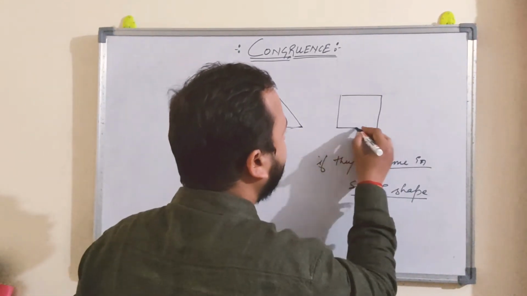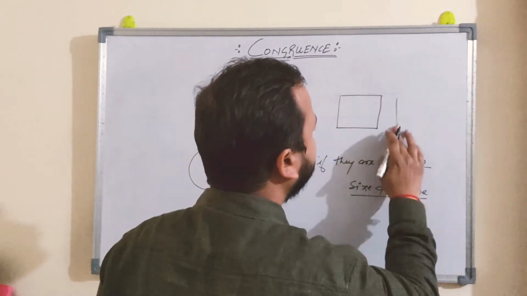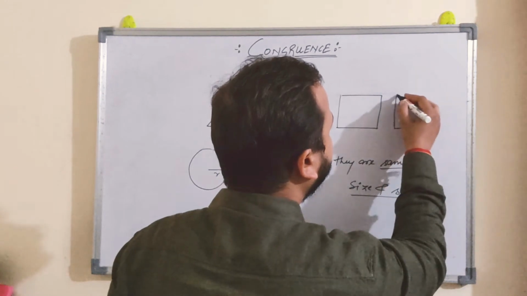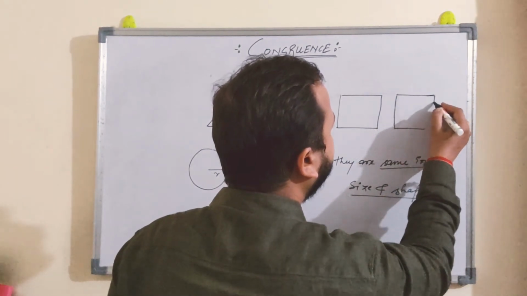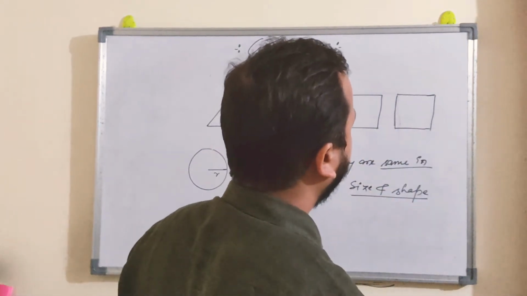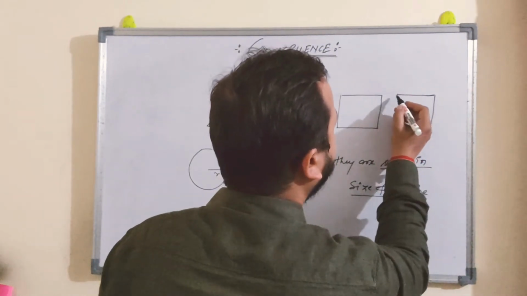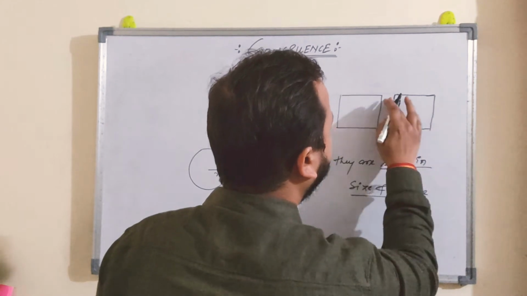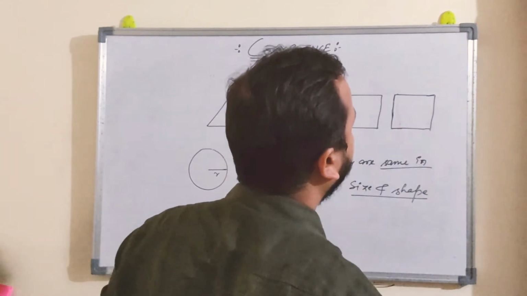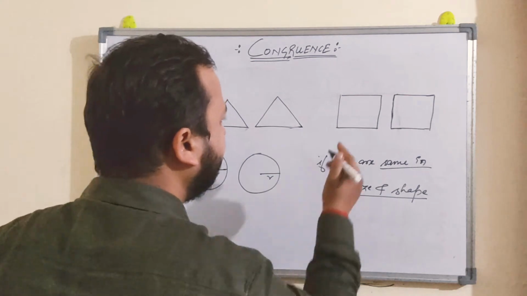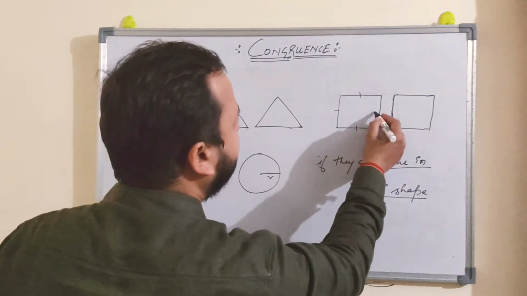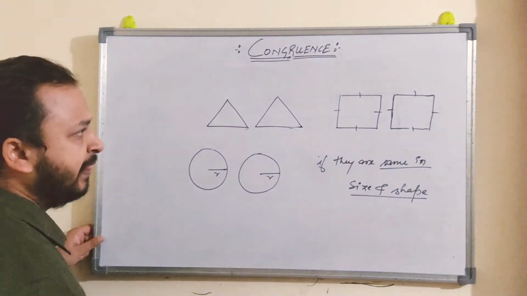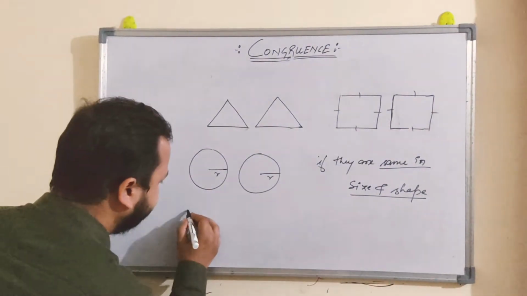If we are talking about this square, they are congruent, right? When their shape and size are all equal.